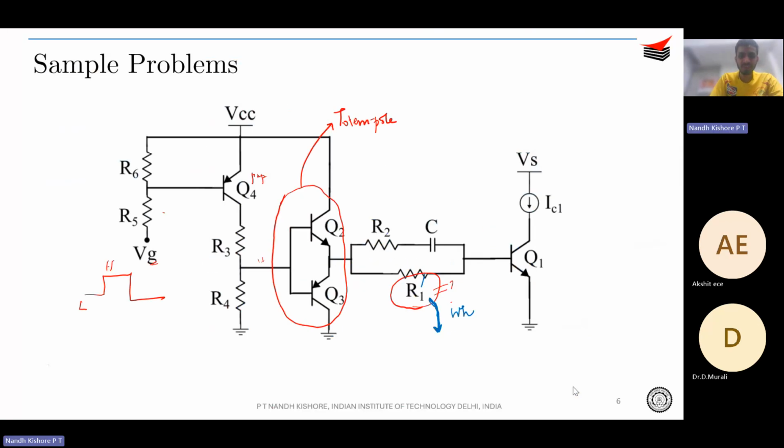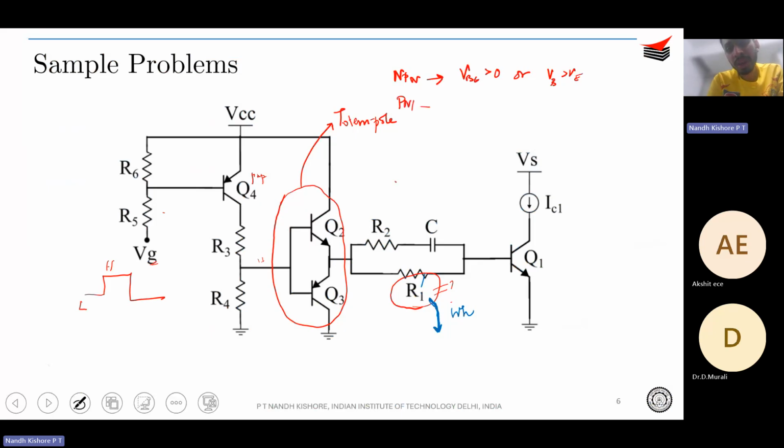So the point was this, right? That is, when would NPN turn on? NPN would turn on if your VBE is positive, or VB is more positive than VE. And when would a PNP turn on? PNP would turn on when your VBE is negative, or what?